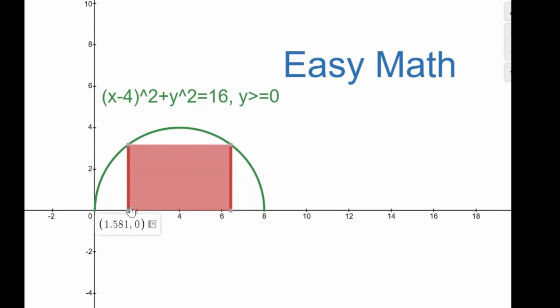The point A is (1.581, 0), and B is (6.419, 0), and C is (1.581, 3.185). D is (6.419, 3.185).